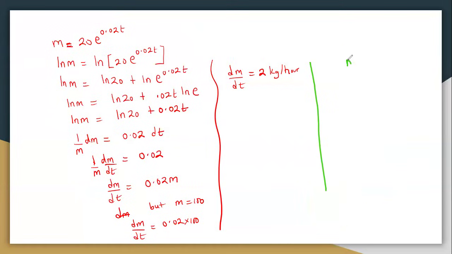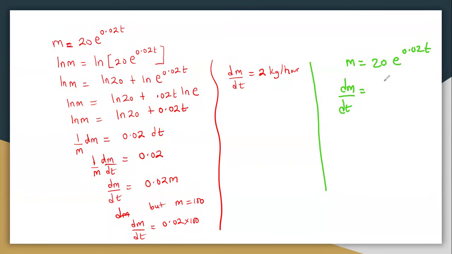How did you differentiate? I said m is equal to 20e^(0.2t).